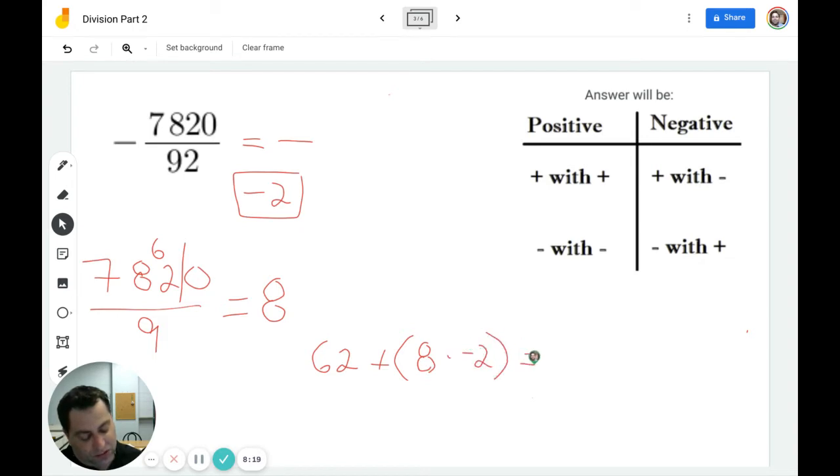So we have 62 minus 16. 62 minus 16 is 46. So 62 minus 10 is 52. 52 minus 6 is going to be 46.